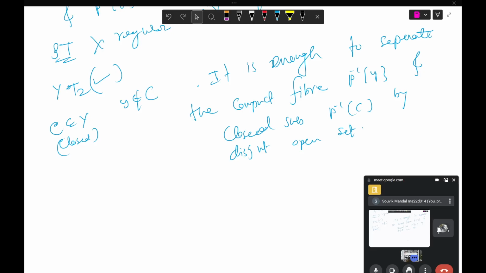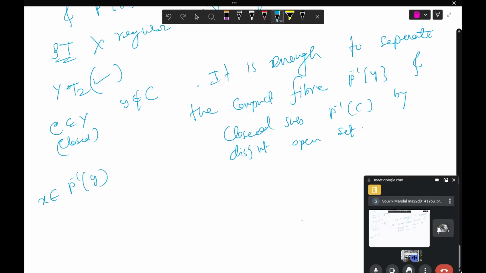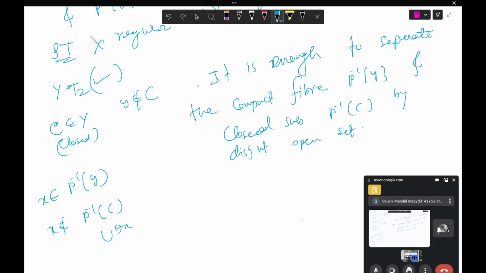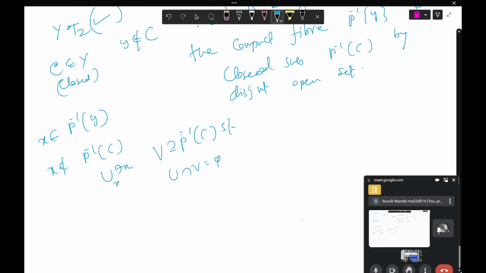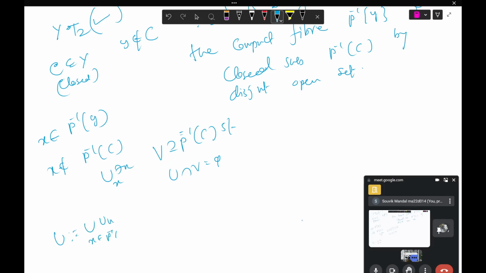The solution goes as follows. If we take any point x belonging to the fiber P inverse y, then this point x does not belong to the closed set P inverse C. So we will get an open set U containing x and an open set V containing P inverse C so that U intersection V is empty, by the regularity of X. Now take U to be the union of Ux, x belonging to P inverse y.